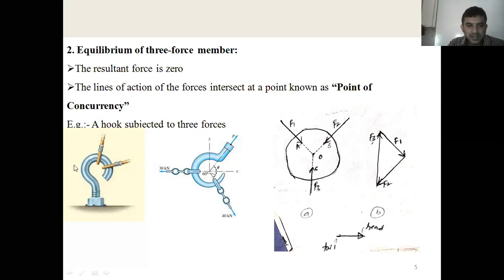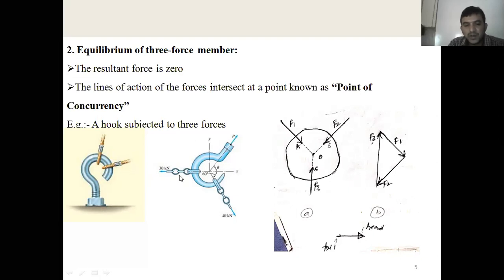Best examples: take a nut, a hook, right? The hook is subjected to two forces here. It's already fixed. One force is acting in this direction, another force in this direction. Now one more force here. All these three forces meet at a point called the point of concurrency. Another best example, consider the crane hook. In the crane hook, one force is acting here, the rope comes here, and the other two directions may be lifting the load.